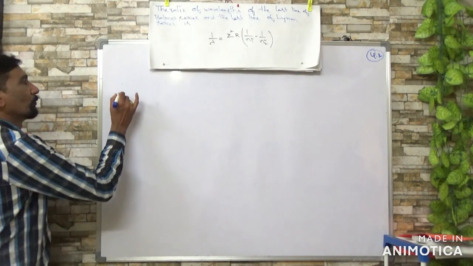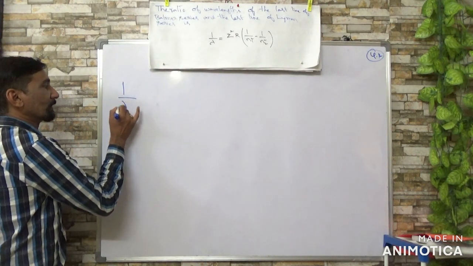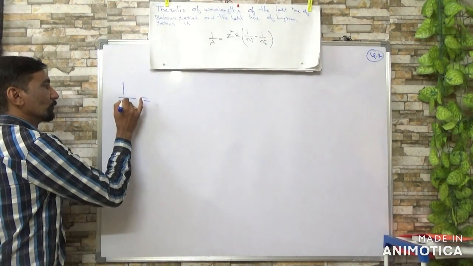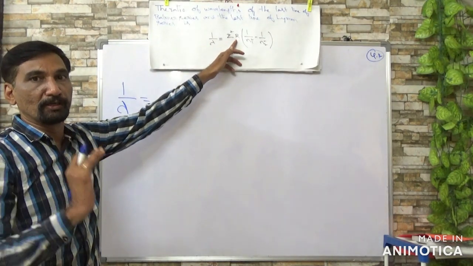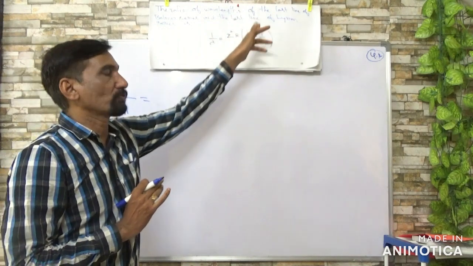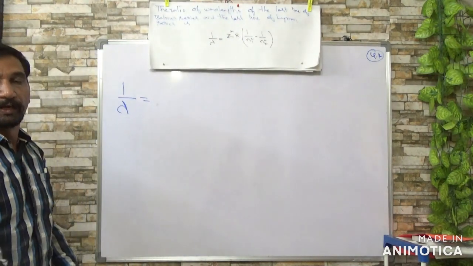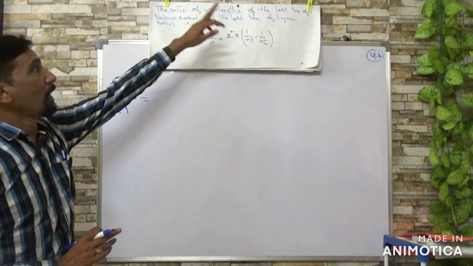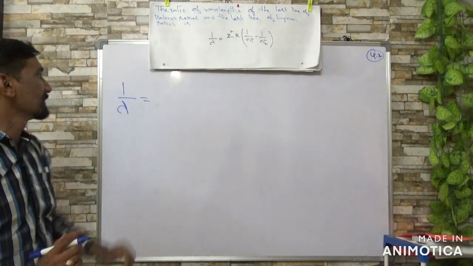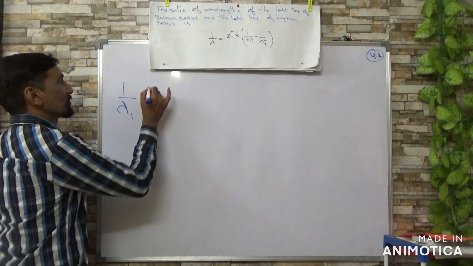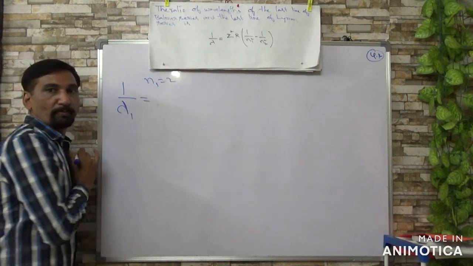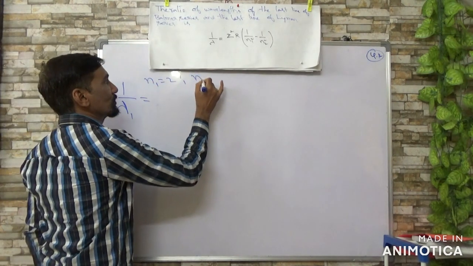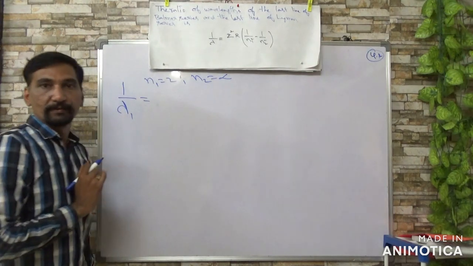Okay. Now about wavelength. Wavelength is given by Z square R, the Rydberg constant, into 1 by N1 square minus 1 by N2 square. First, the last term of the Balmer series, that means the transition is taken to the second orbit, and last means infinity, right?